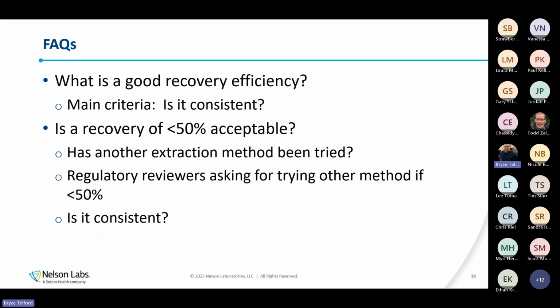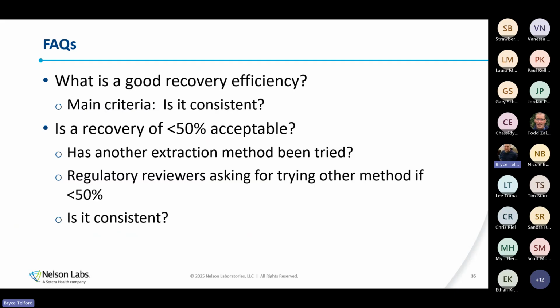So then the question comes up, what is a good recovery efficiency? Well, the main criteria is, is it consistent? So this is very important to remember and keep track of.